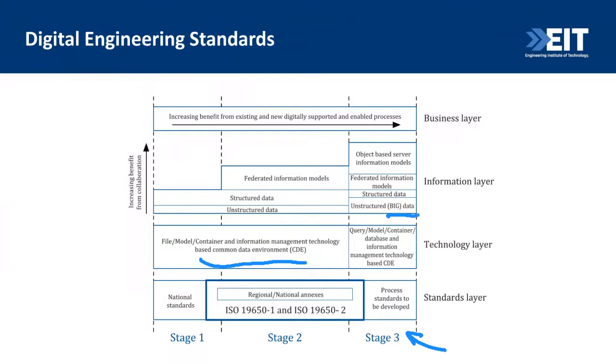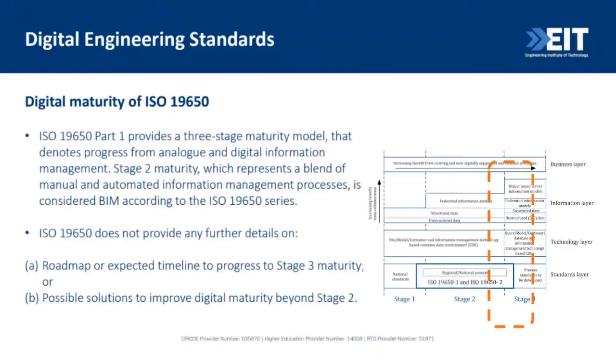So in stage 3 we also have big data in the information layer. By the way, in the standard layer we had a gap here, so in Australia we have recently developed AS 7754, so we are keen to do that.